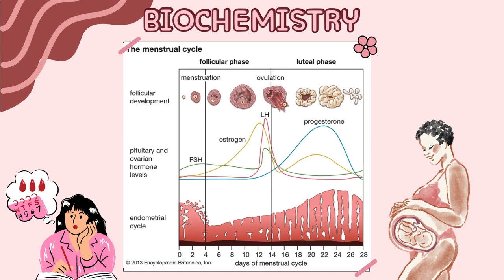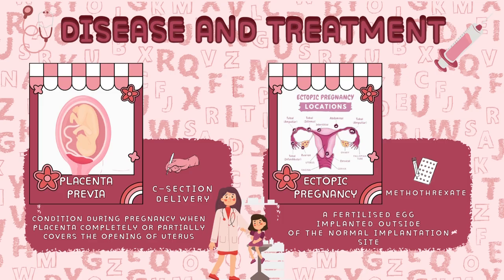In this phase, after ovulation, the empty follicle will form the corpus luteum, which produces progesterone and some estrogen. This hormone helps maintain the uterine lining in case the secondary oocyte is fertilized. If fertilization does not occur, the corpus luteum will break down and hormone levels drop, causing the uterine lining to shed, leading back to the menstrual phase.